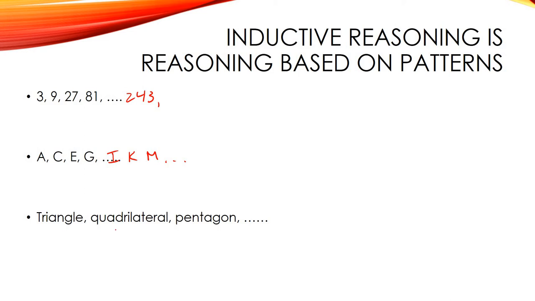What is the next name for polygons? If that's a 3-sided, then a 4-sided, then a 5-sided, what is the name of a 6-sided polygon? That would be the next one in our sequence. So you can see that it's pretty easy to see patterns as we go and use inductive reasoning to find the next term in each pattern.